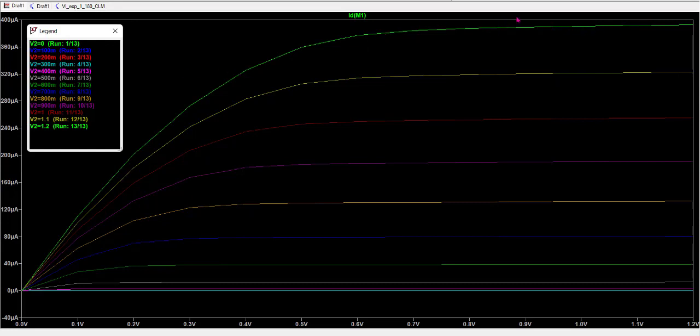This one, the first one, right? So VGS is 0 and current is 0, and when VGS is the highest, this is the highest one. So VGS is increasing from bottom to top. This is the highest value of VGS, lower than this, lower than this, lower than this, like that.